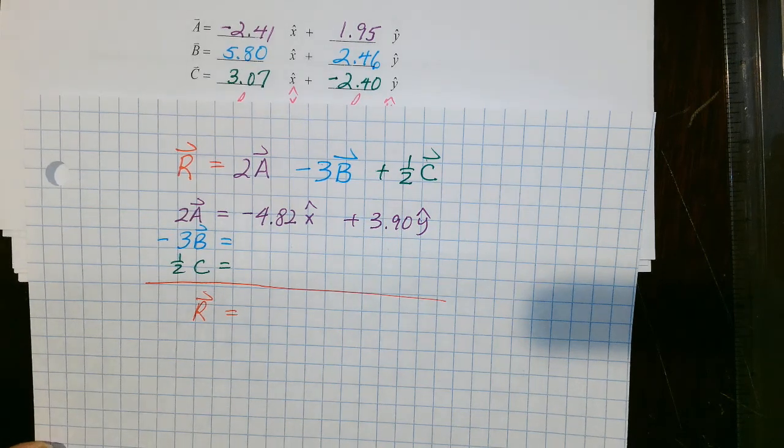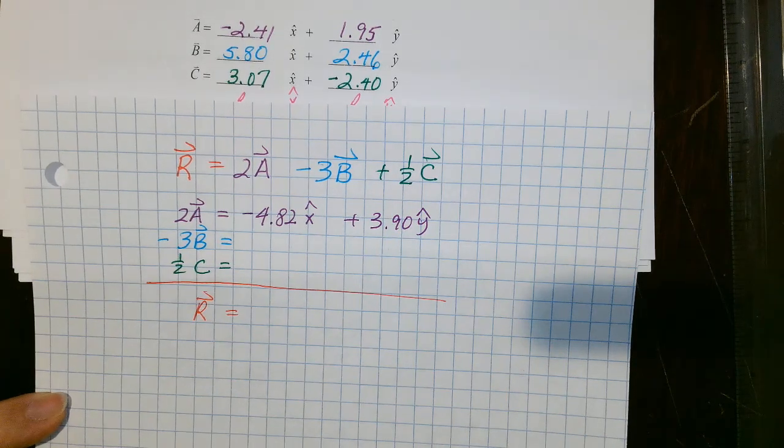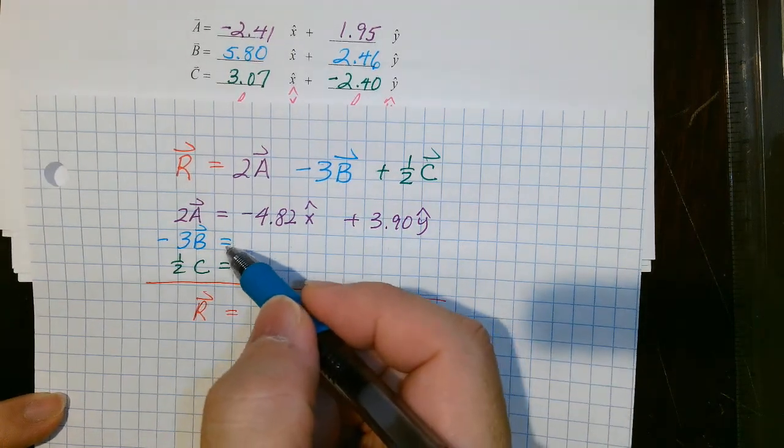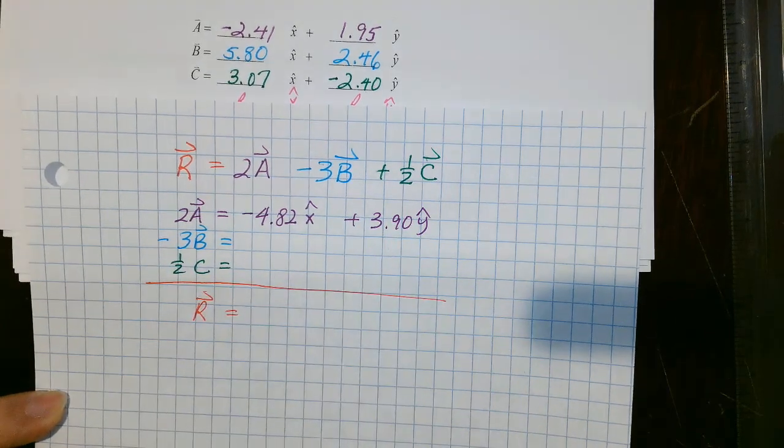So then you have negative 3B. You have 3 times the length as your x and y, but in the negative direction.